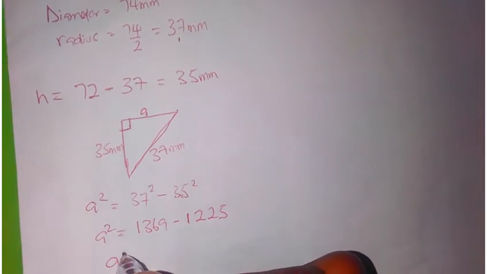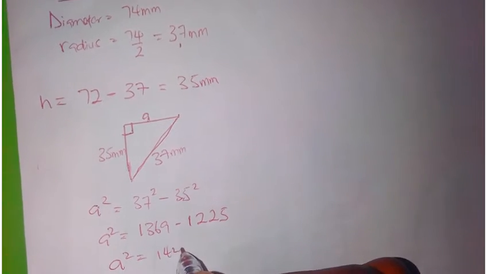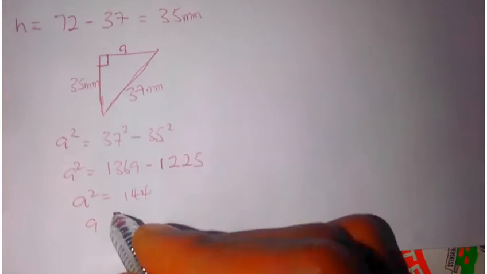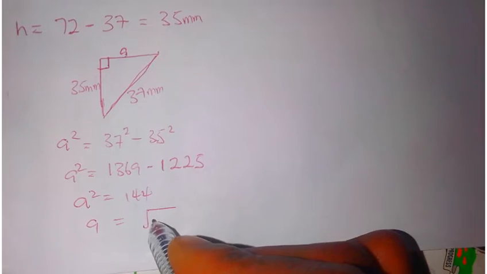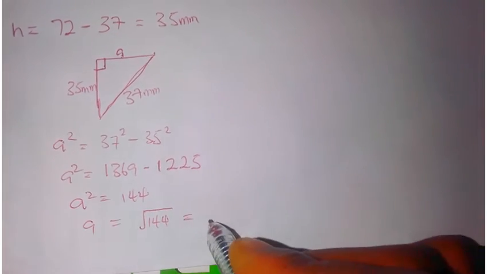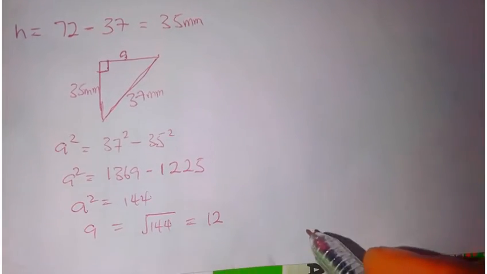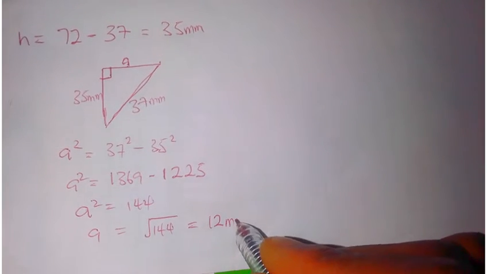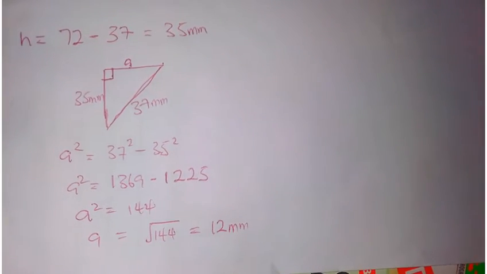On subtracting, I have A squared equals 144. Therefore A equals the square root of 144, which equals 12. So I have 12 millimeters, because I'm still using the same unit.